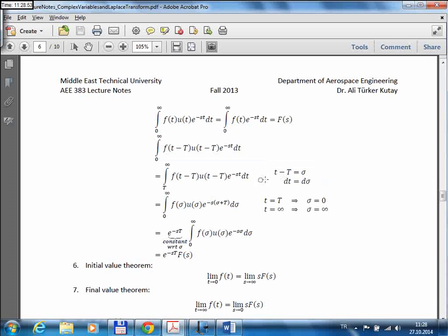We call t minus capital T sigma, and then d sigma is equal to dt. Instead of t minus capital T, we insert sigma into the integral, and the integration limits change as well. When little t is equal to capital T, sigma is equal to 0. So when we use the sigma variable instead of t, the integration limits change from capital T to infinity into 0 to infinity.